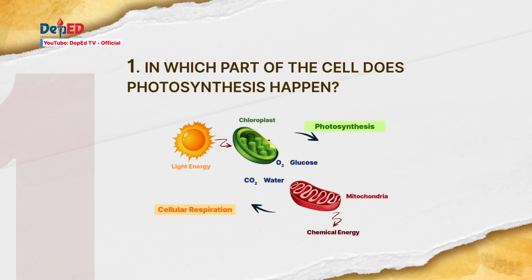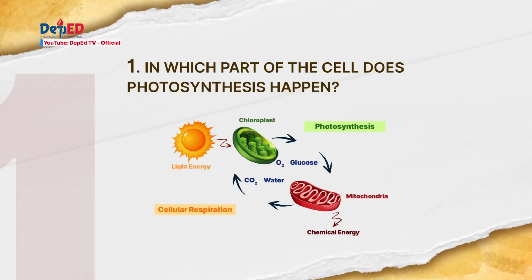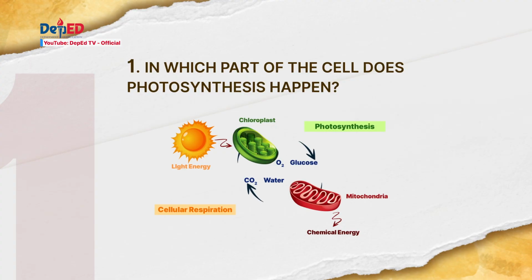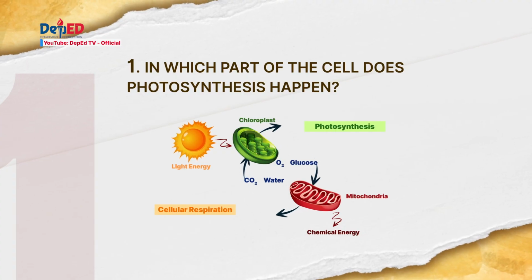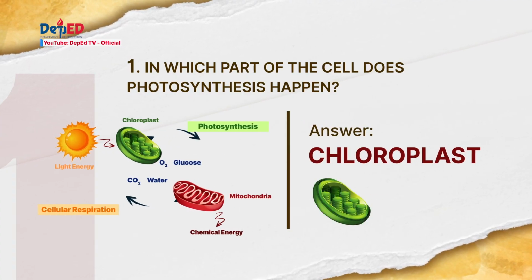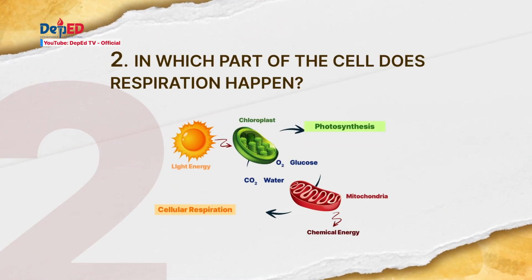Let us answer question number 1. In which part of the cell does photosynthesis happen? The answer is chloroplast. Let us answer question number 2. In which part of the cell does respiration happen?